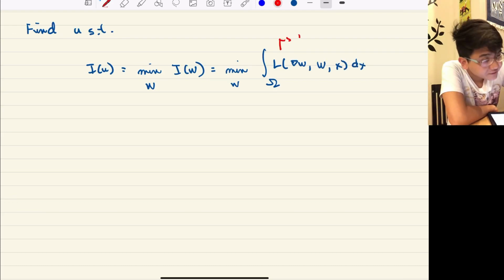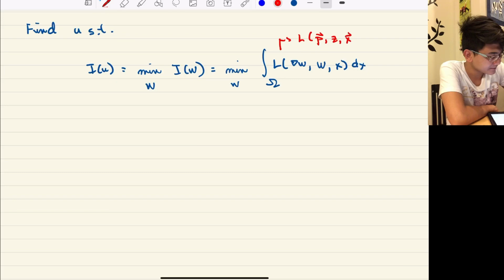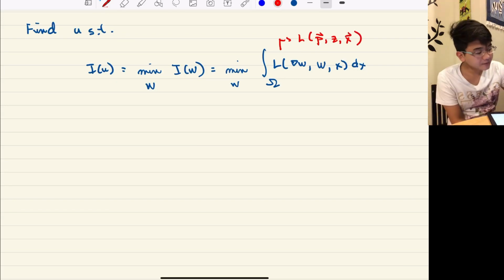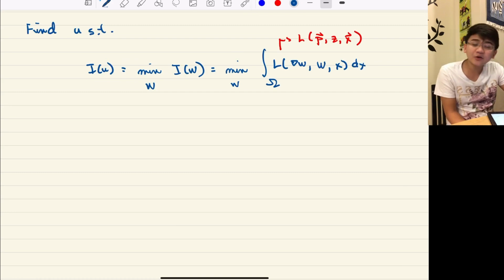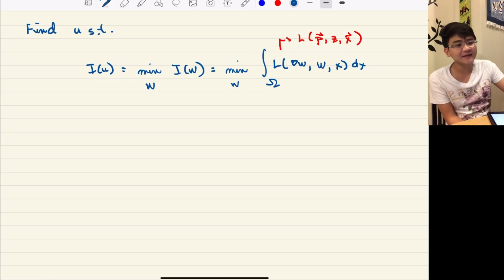Here L is a function of a vector p, scalar z, and a point in space x. Now one can show that solving this minimization problem is equivalent to solving some equation.